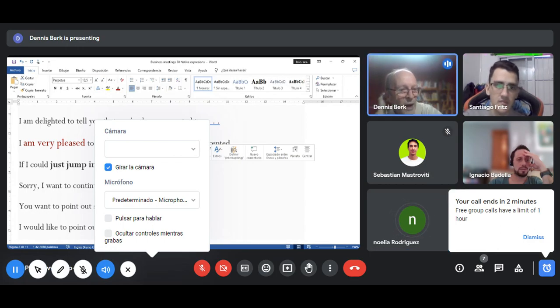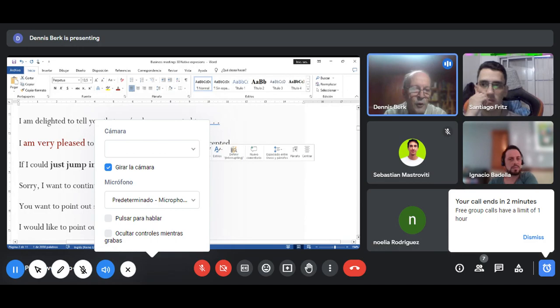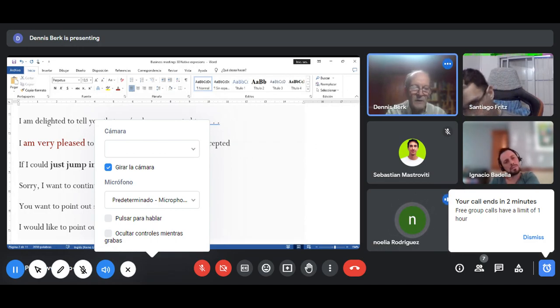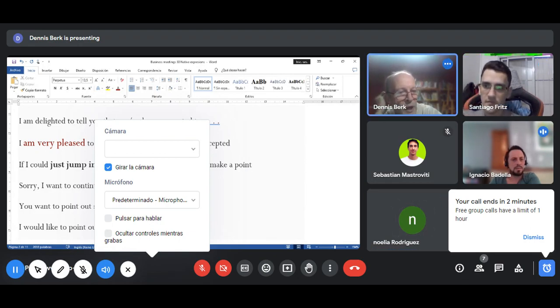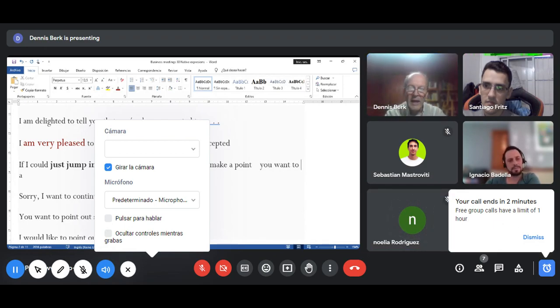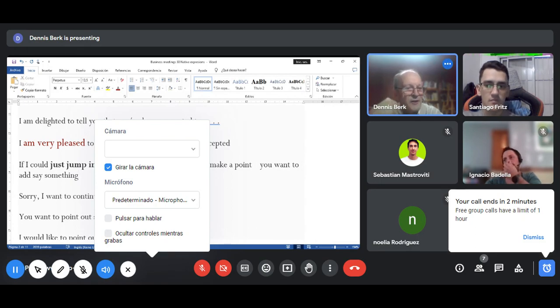Well, I want to make a point here. It's like interrupting, like you want to state something. Make a point. Jump in is to add or say something. I want to jump in means you want to share your point of view.